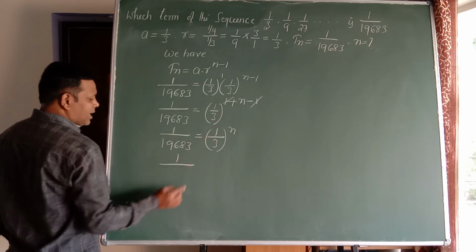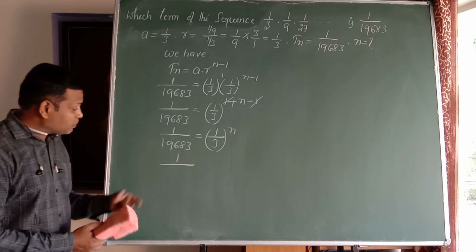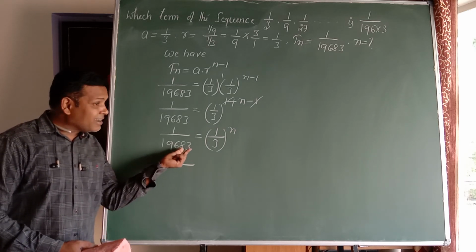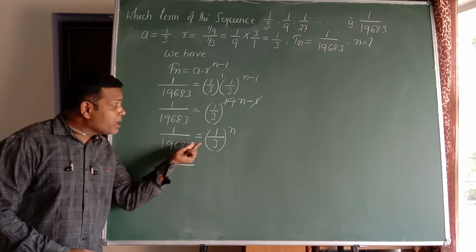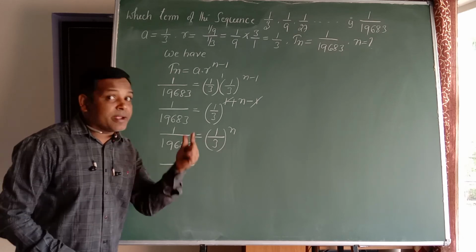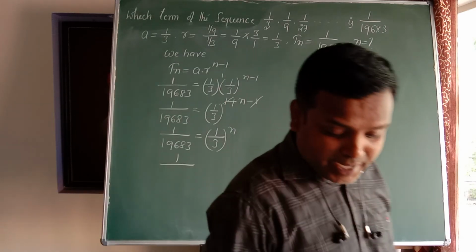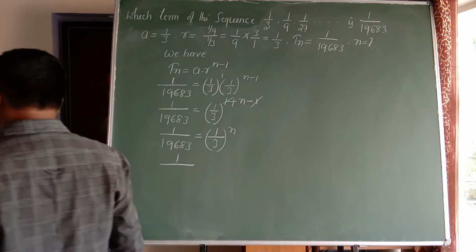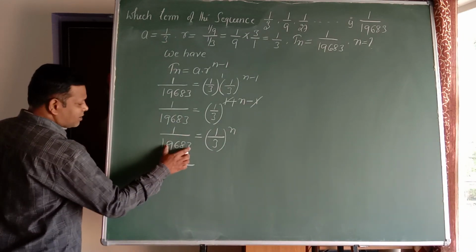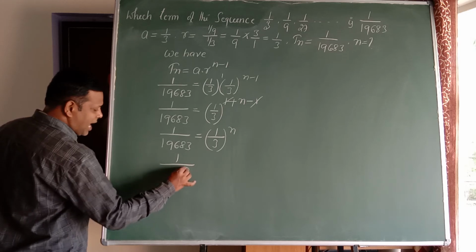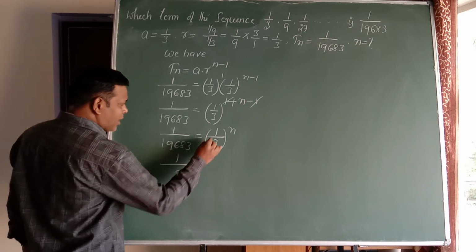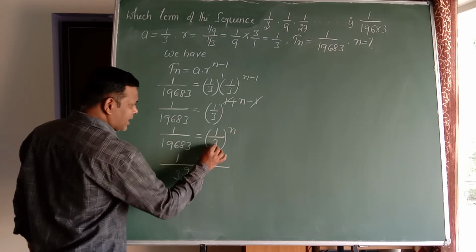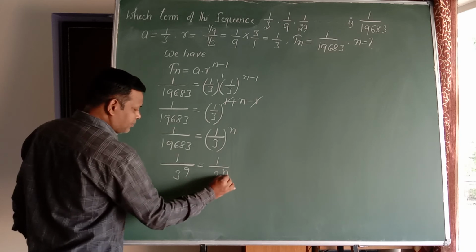Now we have to express 19683 in the base 3. Why? Because in the RHS we have base 3. Therefore 19683 should be expressed as a power of 3. So this can be taken as 3 power 9, equal to 1 divided by 3 power n.